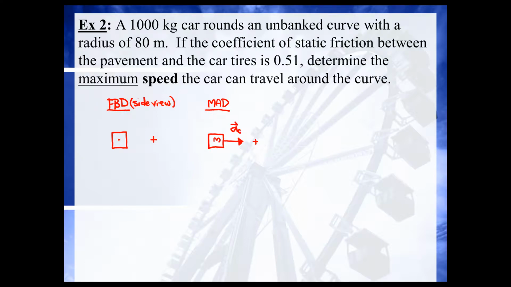Okay, let's fill in the free body diagram. So from a side view perspective, I would have the force of gravity that's straight down. We'll call that Fg. Because I have no acceleration in the vertical direction, I would have my normal force from the ground that points straight up, and it's going to be equal and opposite in magnitude. Now, what other force is acting on this object, the car? Well, it's friction. Friction is the thing that's allowing me to make the turn.